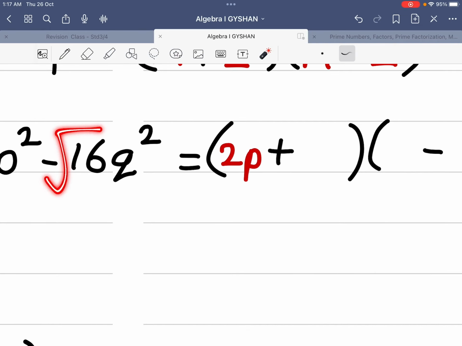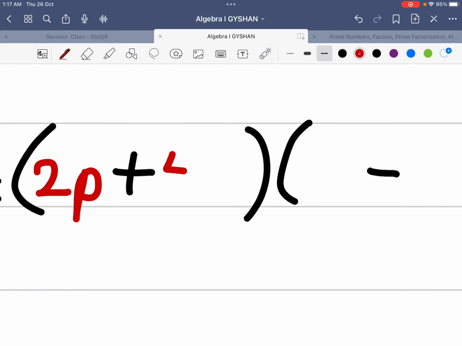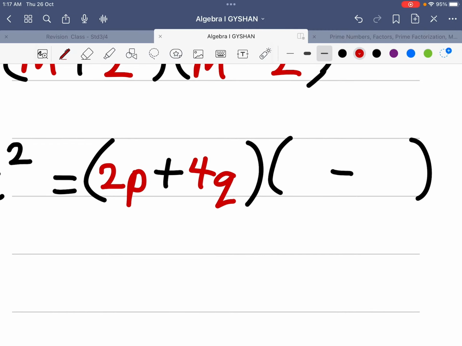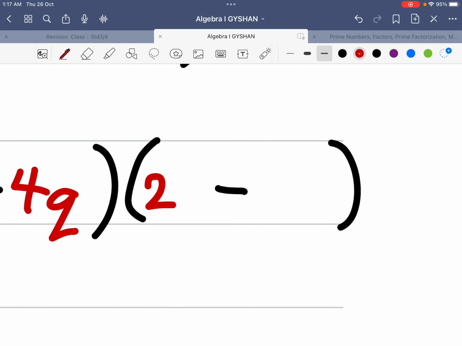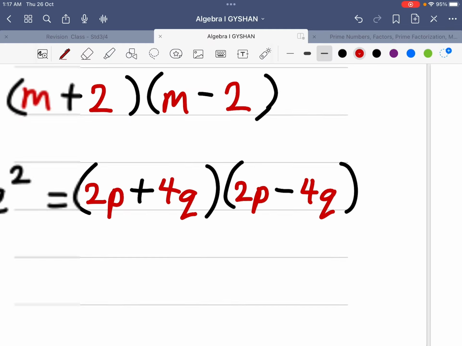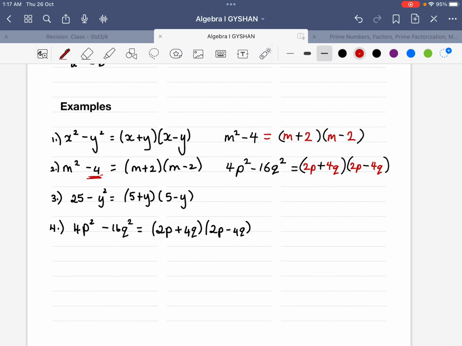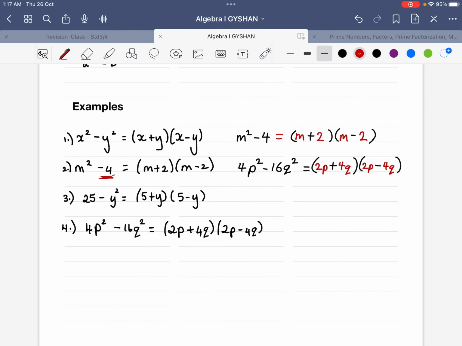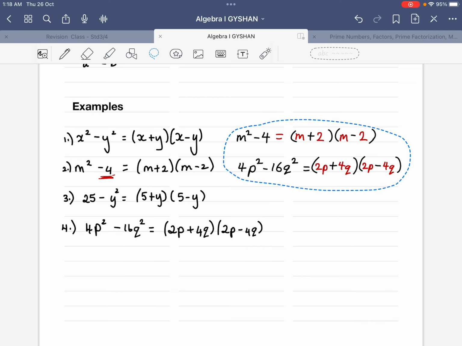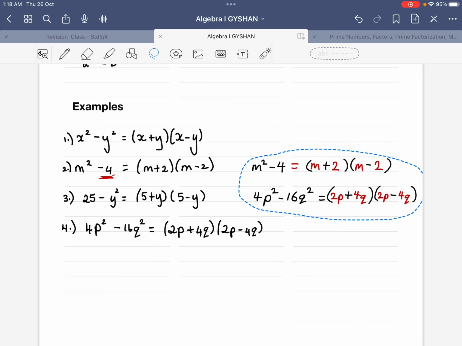The square root of 16 is 4, and this is q, so that's 4q. So 2p, 4q. If that helps you, you can take it down like that. You can add that to your explanation.